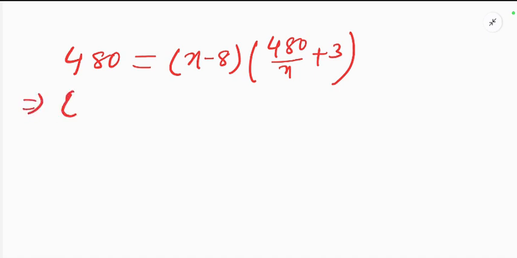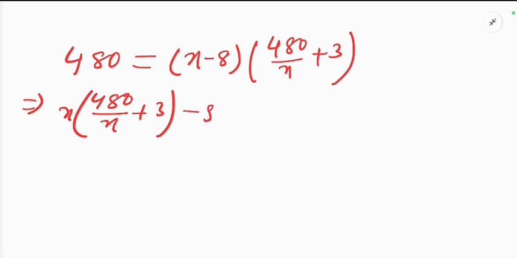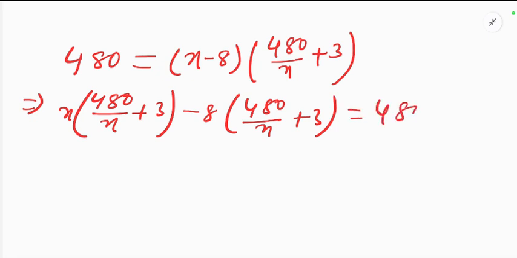हम लोग थोड़ा इसको सिंप्लीफाई करके इधर लिख सकते हैं, x minus 8 and just simply multiply. Now first x into 480 by x plus 3 and minus 8 into 480 by x plus 3 equals 480.